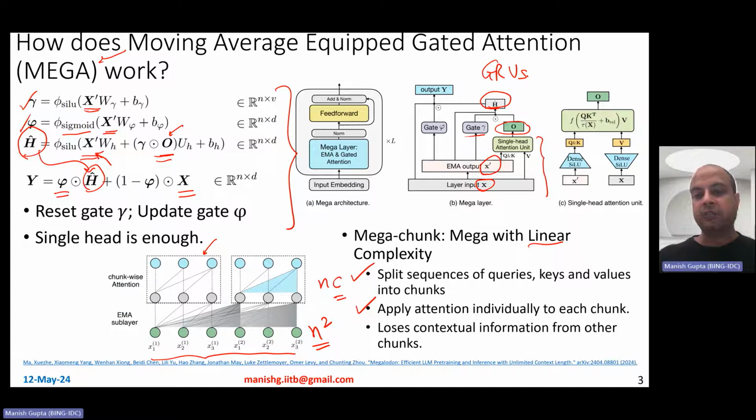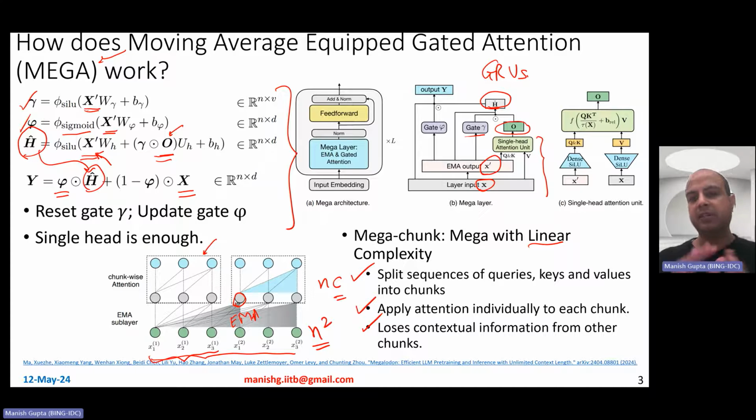Okay. So of course, when you do this chunking, you lose contextual information from other chunks. Now the idea is to still retain some contextual information because the computation of every chunk depends on, I mean, the first chunk here does include the EMA computation from the previous X's.